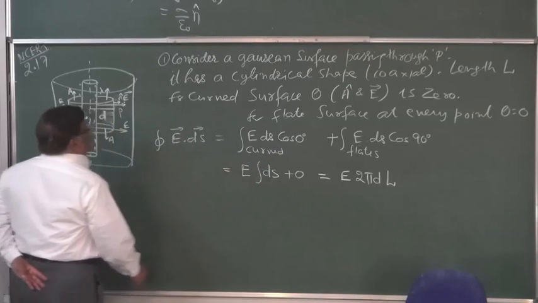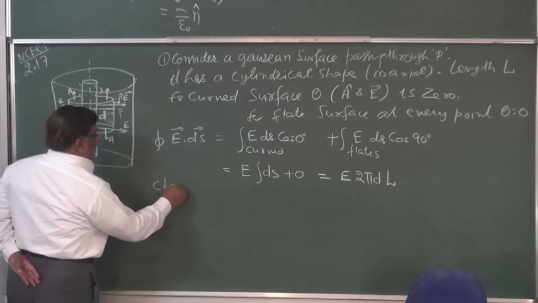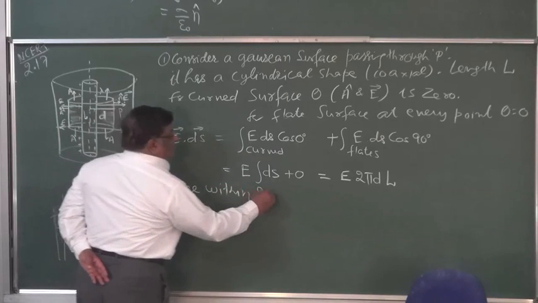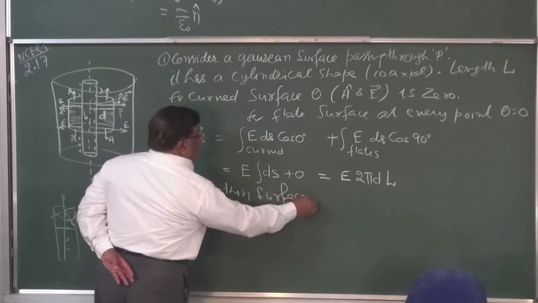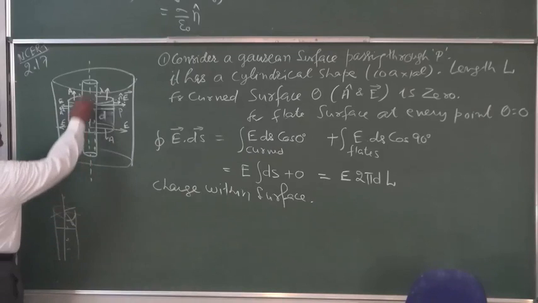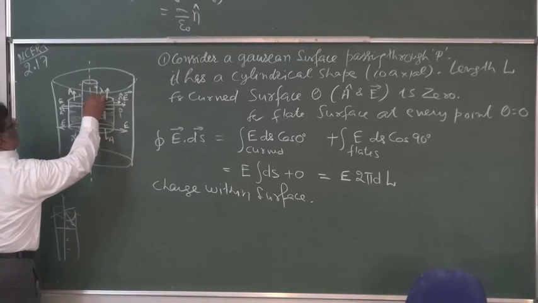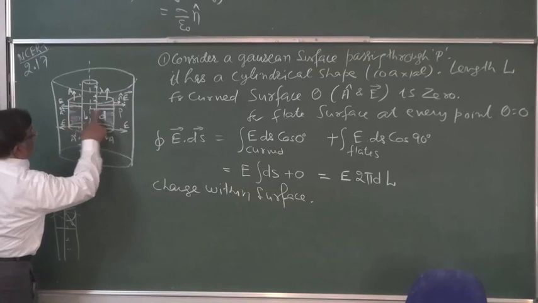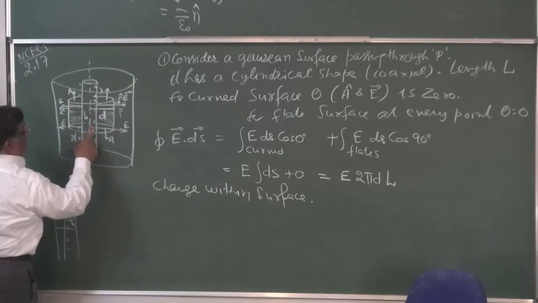Okay, now charge within the surface. देखिए इस गॉसियन सरफेस के अंदर कितना चार्ज है. तो ये चार्ज बाहर है, ये चार्ज बाहर है, ये बाहर है, ये चार्ज गॉसियन सरफेस के अंदर है, ये भी अंदर है, ये भी अंदर है.